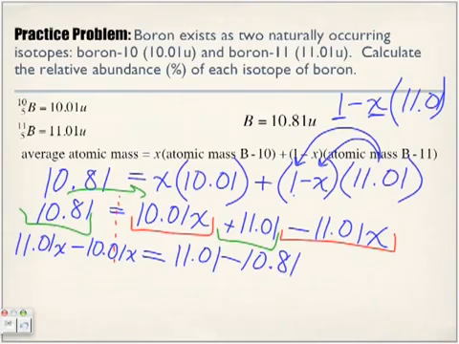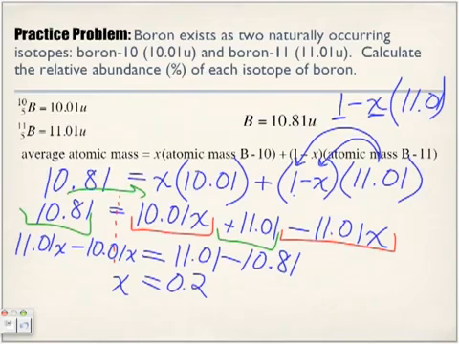So 11.01x minus 10.01x is 1.01x, which is just x. x is equal to 11.01 minus 10.81, which is 0.2.